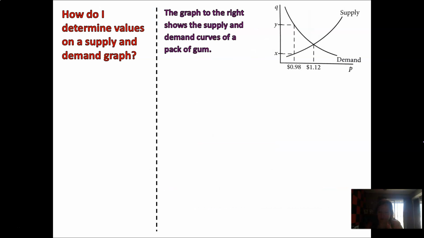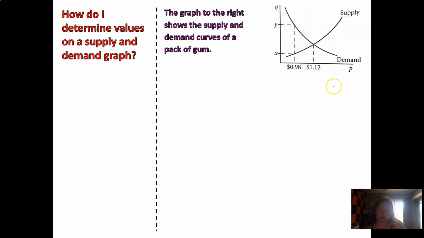All right, so last slide. Lots of writing, but you just pause at the end and make sure you write it all down. Okay, so here we go. How do I determine values on a supply and demand graph? The graph to the right shows the supply and demand curves of a pack of gum.